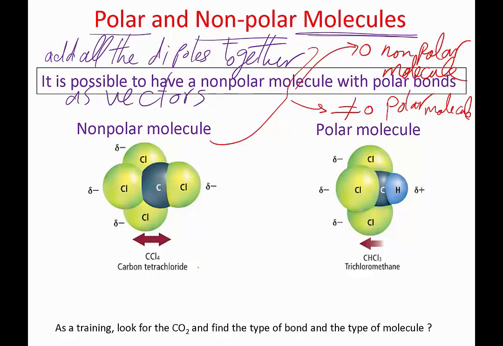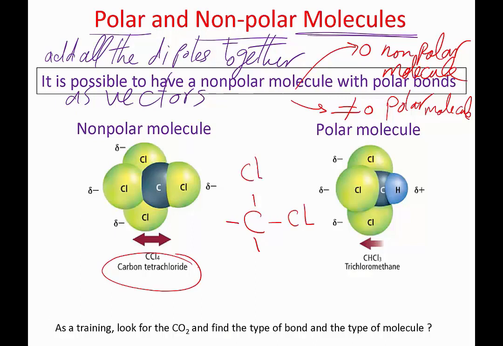Let's try to apply this rule on the example that we see here. Carbon tetrachloride. We have carbon. Carbon has 4 electrons in the outermost level. And if it has chlorines from everywhere, which one is stronger, guys?